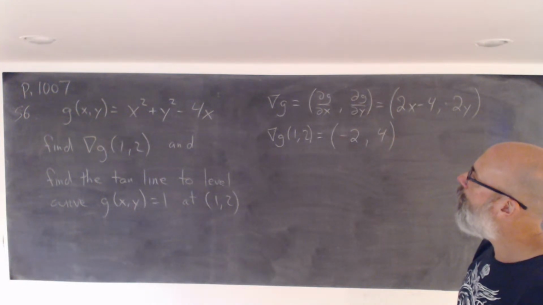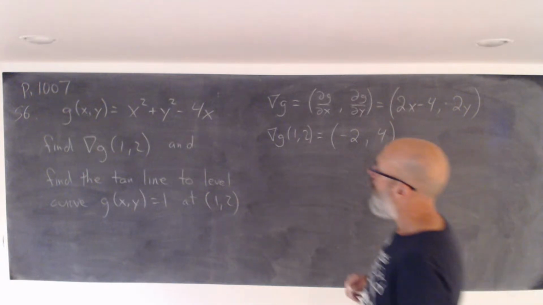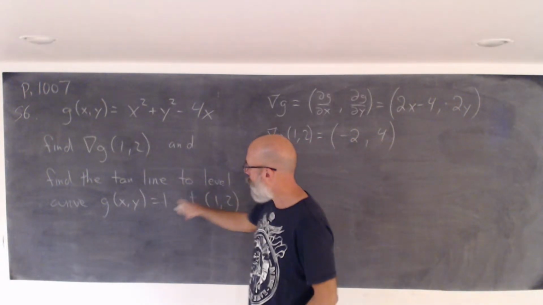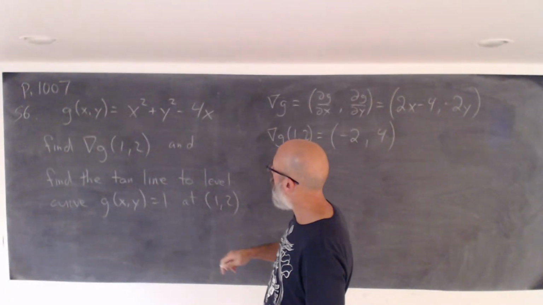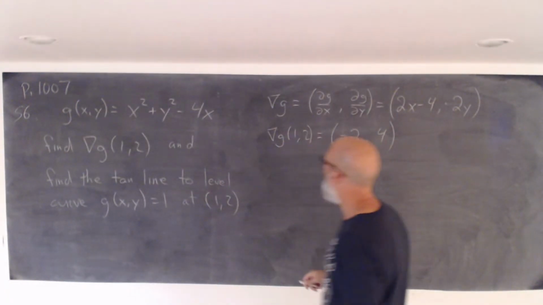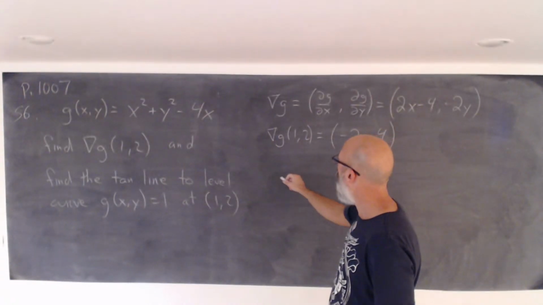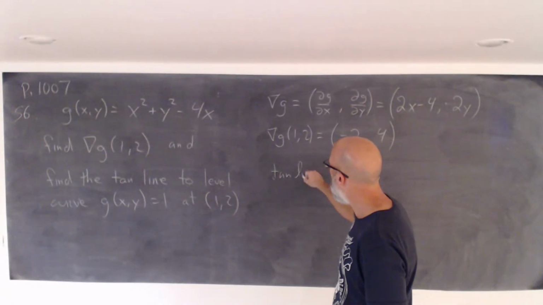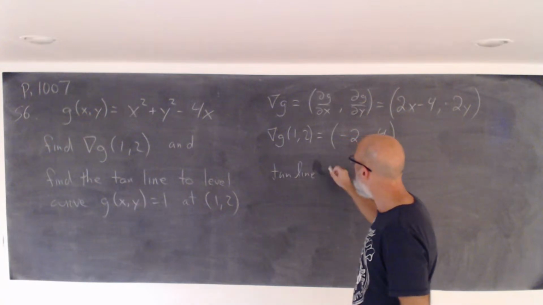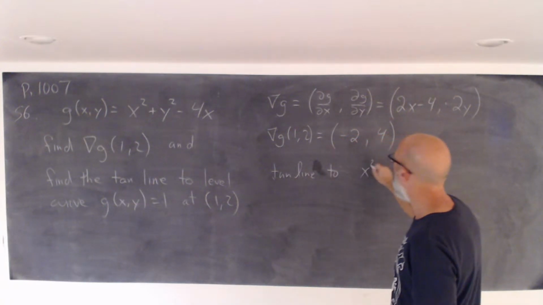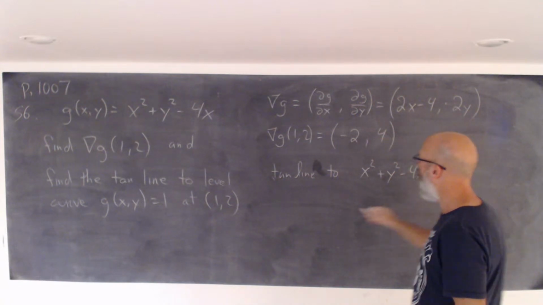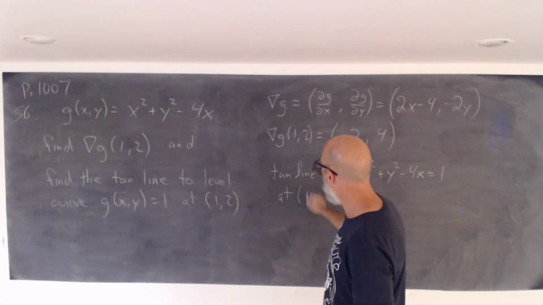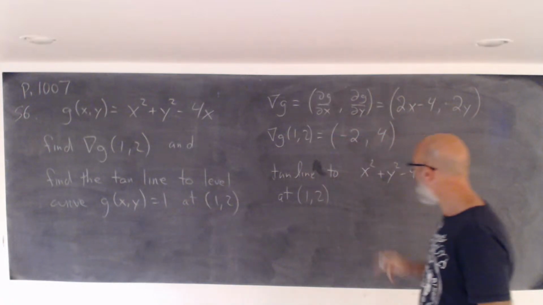And now we are asked to find the tangent line to the level curve, g(x, y) equal to 1. So in other words, the tangent line at the point (1, 2).